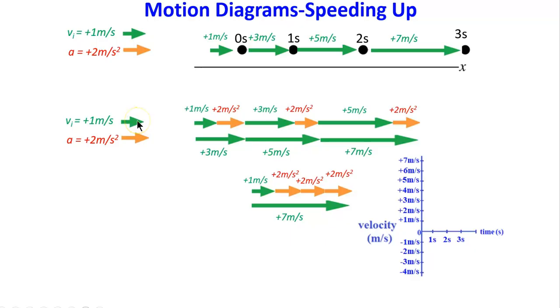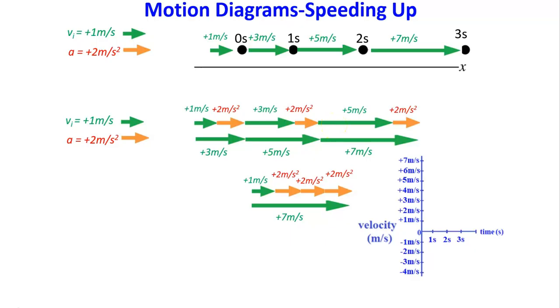If you know the initial velocity and the acceleration, you take the number of seconds, and that is the number of acceleration vectors being added to your initial velocity, and that will tell you your final velocity. If you want to know what your velocity is after 2 seconds, you just take the initial velocity vector and add 2 of those acceleration vectors to it, and now you have 5 as your velocity at the 2-second mark.